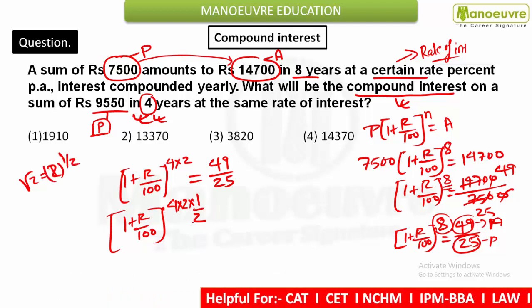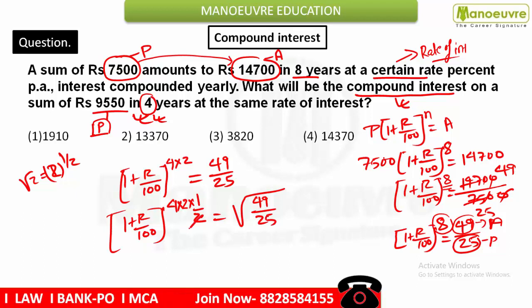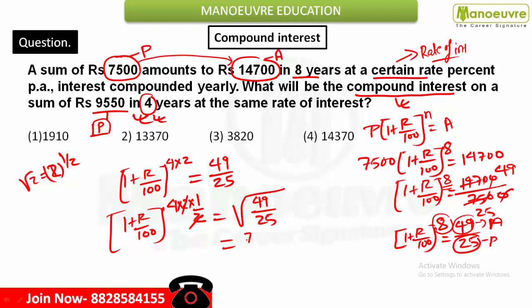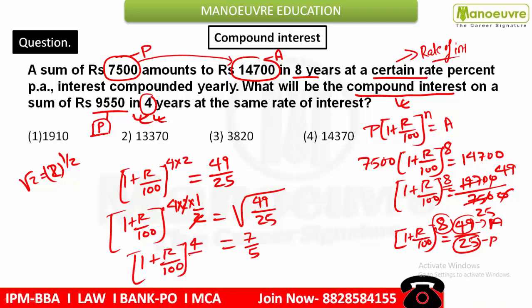This is what I am doing here, and here also you have to take the square root. Okay, so if you reduce it, this will give you 7 by 5, and that is nothing but the ratio 1 plus r upon 100 in the time duration of 4 years.